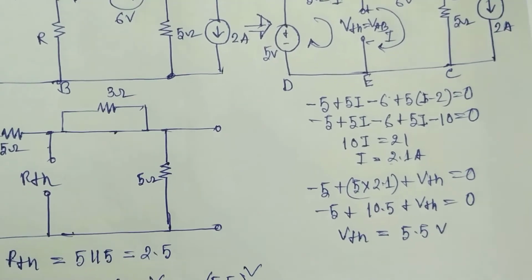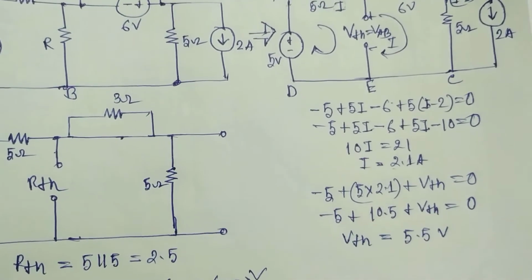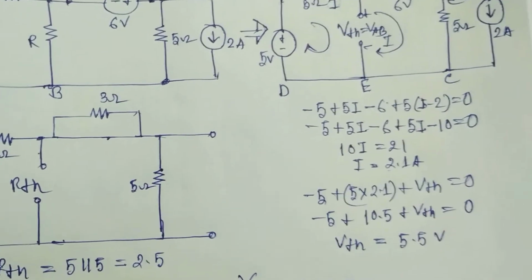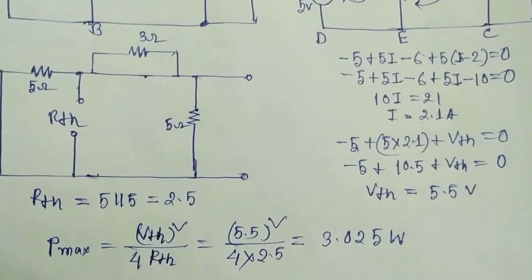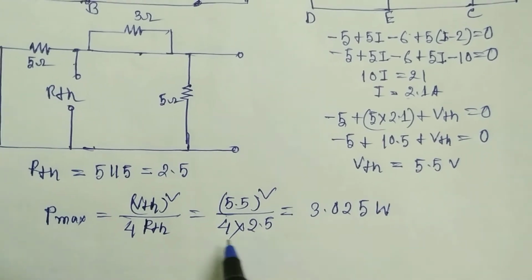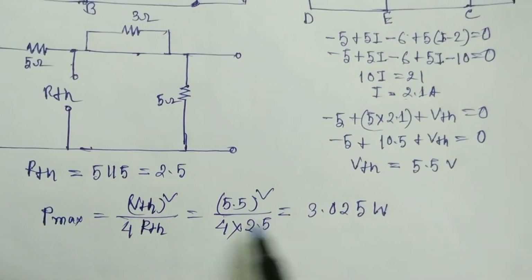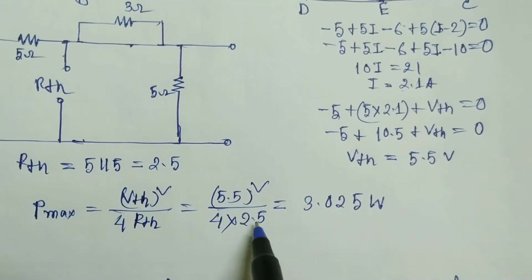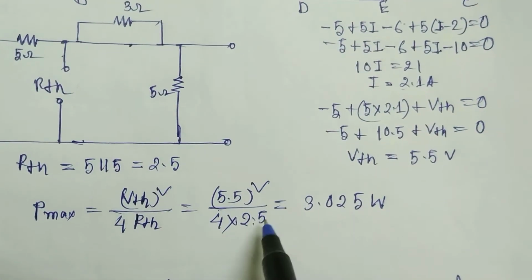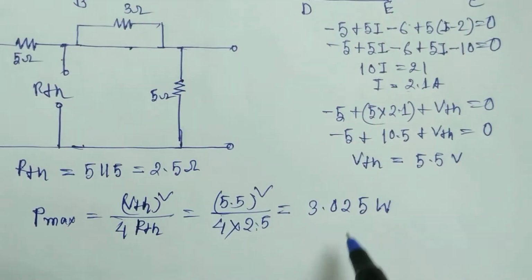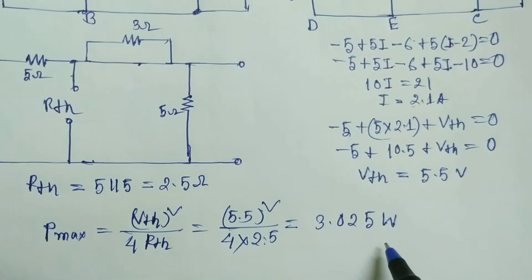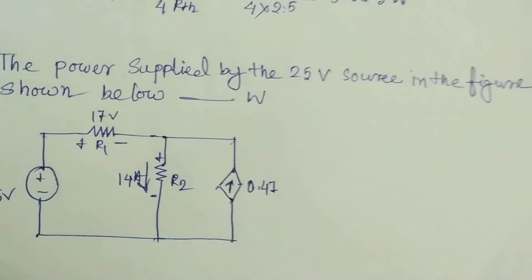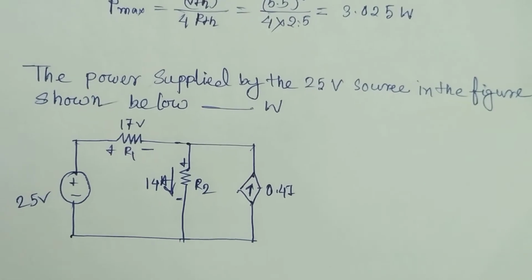Here RTH is 2.5 ohm, so the result is 3.025 watt. Now the next circuit is here.